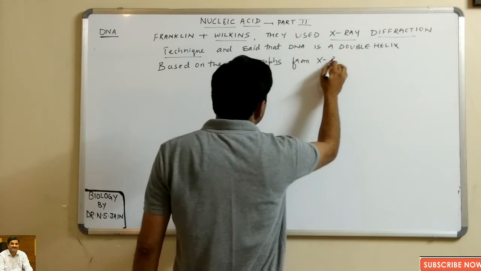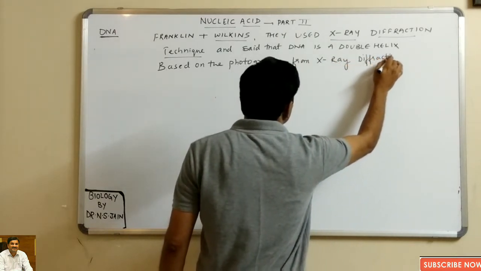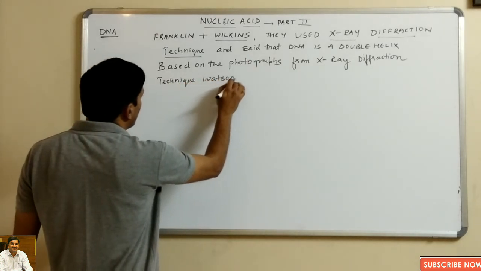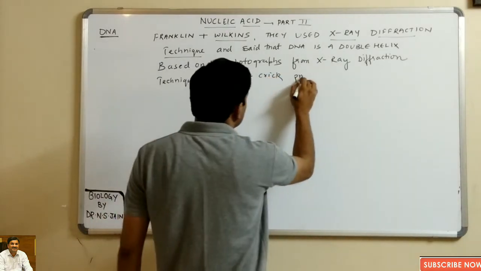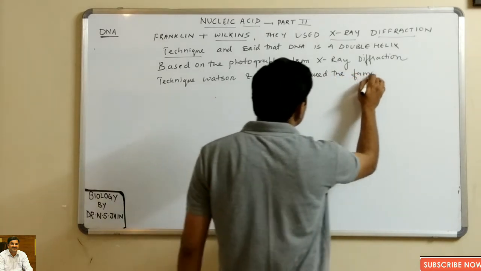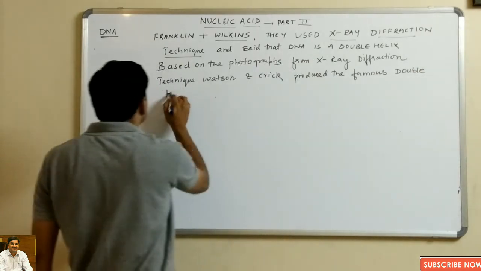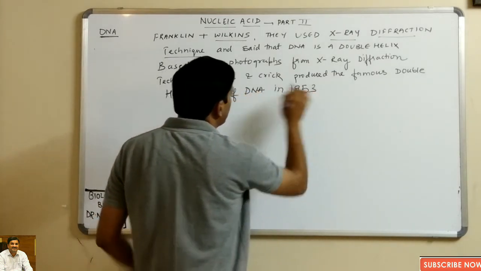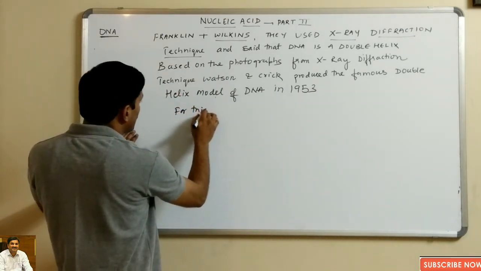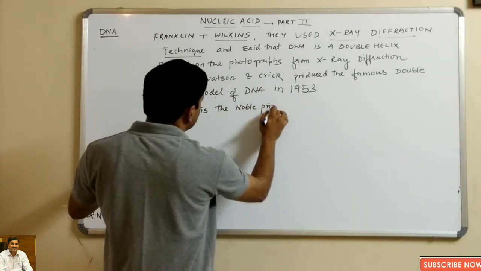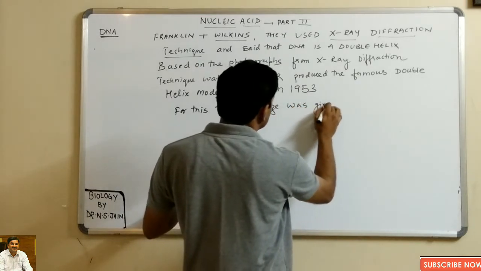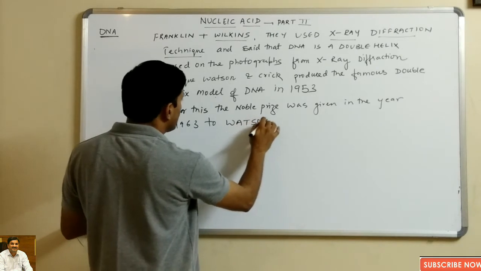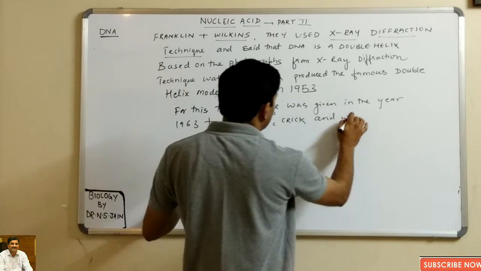Based on the photographs from X-ray diffraction technique, Watson and Crick produced the famous double helix model of DNA in 1953, and for this the Nobel Prize was given in the year 1963 to Watson, Crick and Wilkins together.